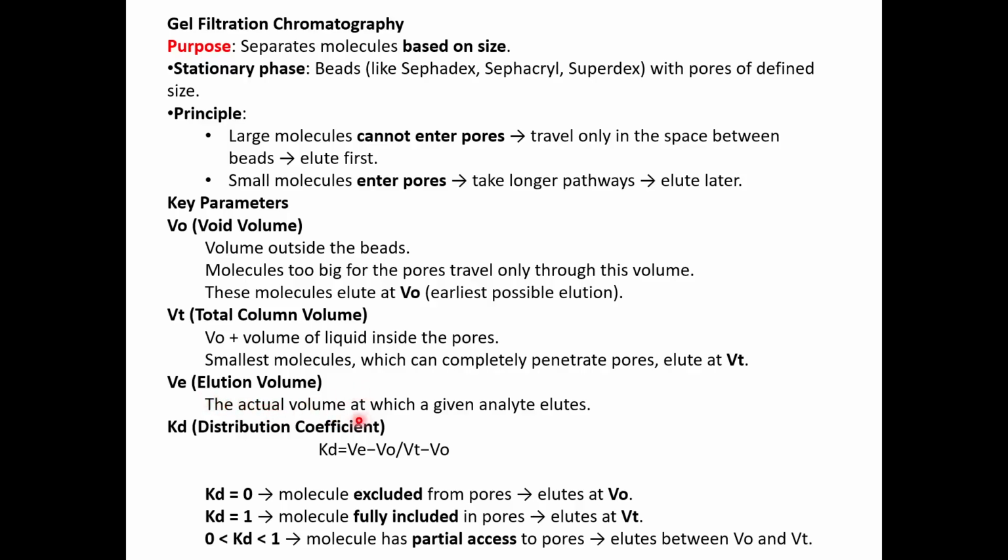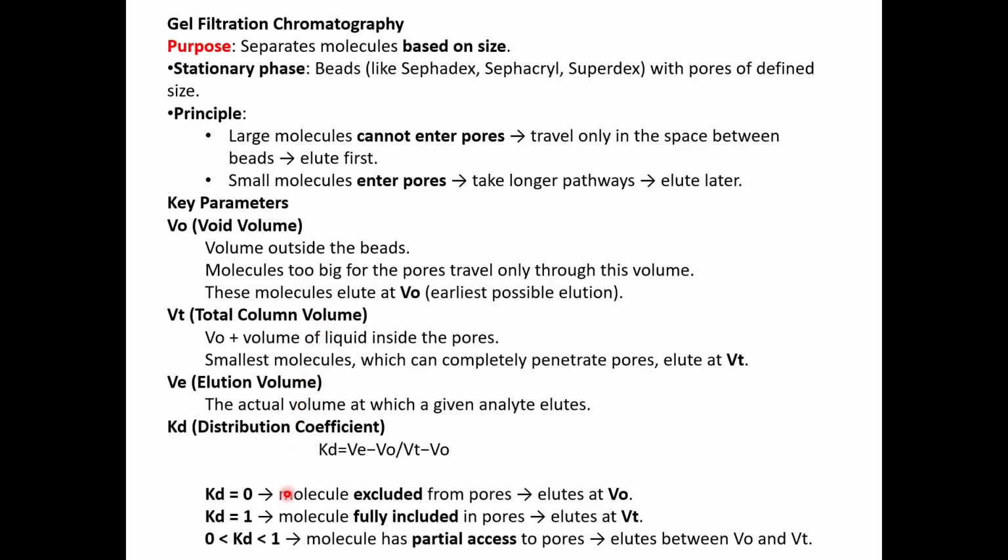This is the actual volume at which a given analyte elutes, and it is different for different columns and different beads. So your distribution coefficient is the difference between your elution volume and void volume, divided by the total volume minus the void volume, because void volume, as I said, is the empty space, the volume that is outside your beads.